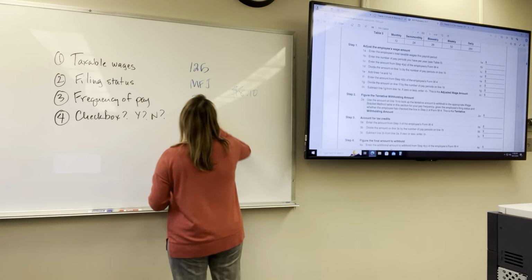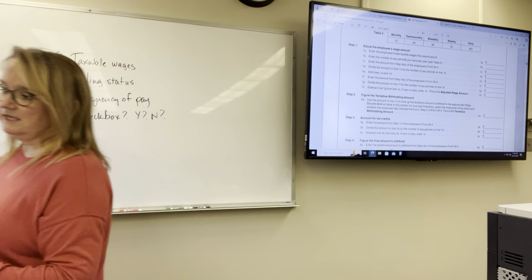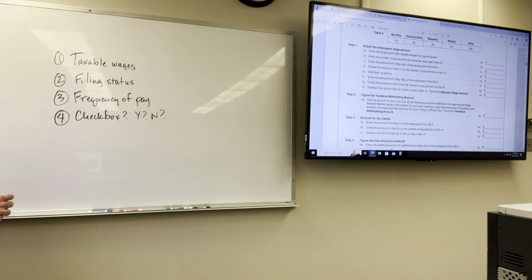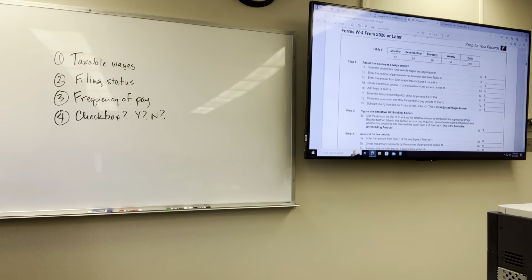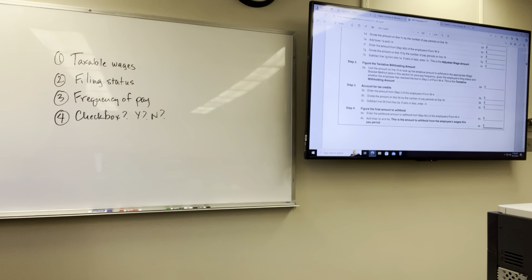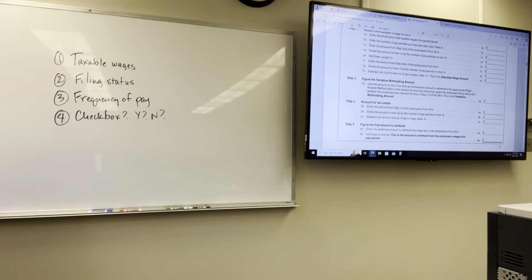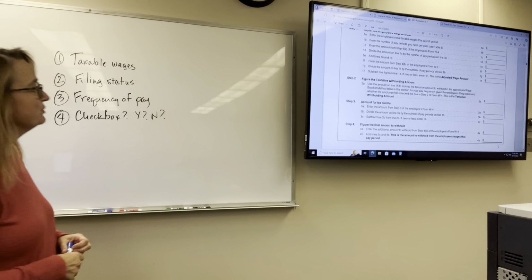That's where I pulled it from. Make sure you're looking at the right table. That table is a big source of consternation. This table is used to determine what's called the tentative withholding amount.